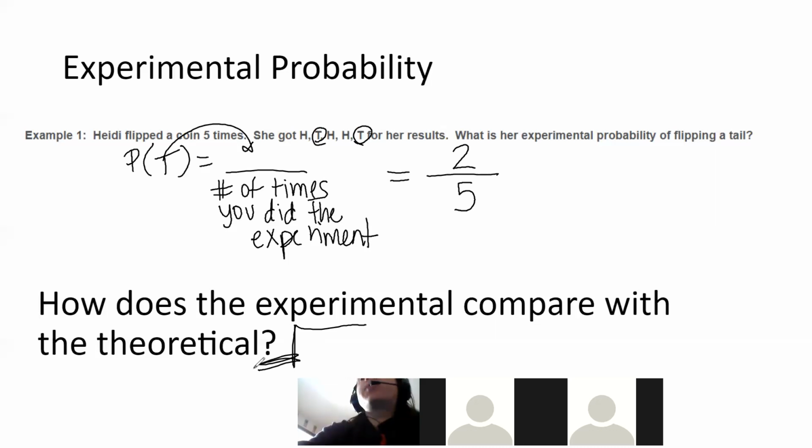Okay, now let's see, how does that compare with theoretical probability? So let's make that a decimal so we can actually compare them. What is 2 out of 5 as a decimal? So what is 2 divided by 5? You're thinking about it right, Isabel. You just forgot a decimal. That's all.